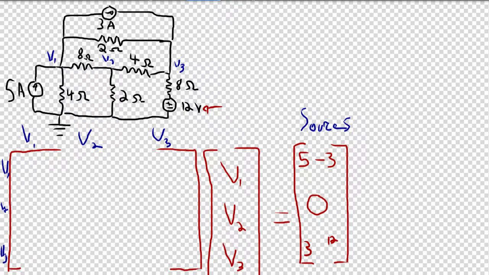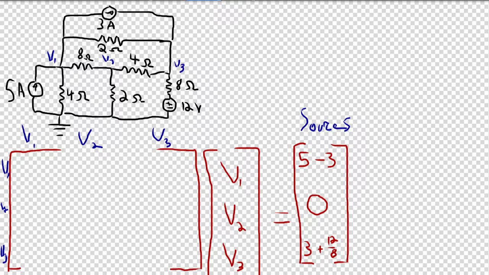So we need to convert it into a current source. How do we do that? We just put it over the resistance of the branch, which is 8 ohms. So it's actually going to be 12 over 8. And because the positive terminal of the voltage source is pointing towards the node, it's going to be plus 12 over 8. And of course, the 3 is also going to be positive because the 3 is entering the node.